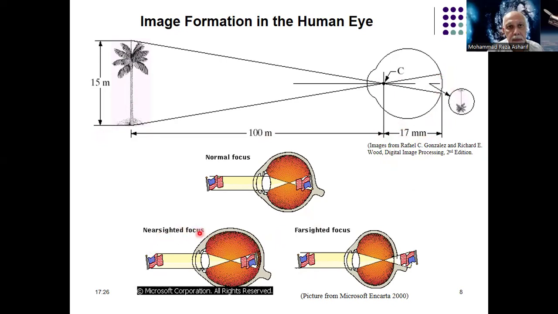For near sight focus, it adjusts by changing the dimension of the lens. For normal sight and far sight, it is also the pressure of the muscle here and less pressure here. So the lens is for far sight focus, and you can see this is farther. If it is on the retina, you can see; otherwise you would need glasses.